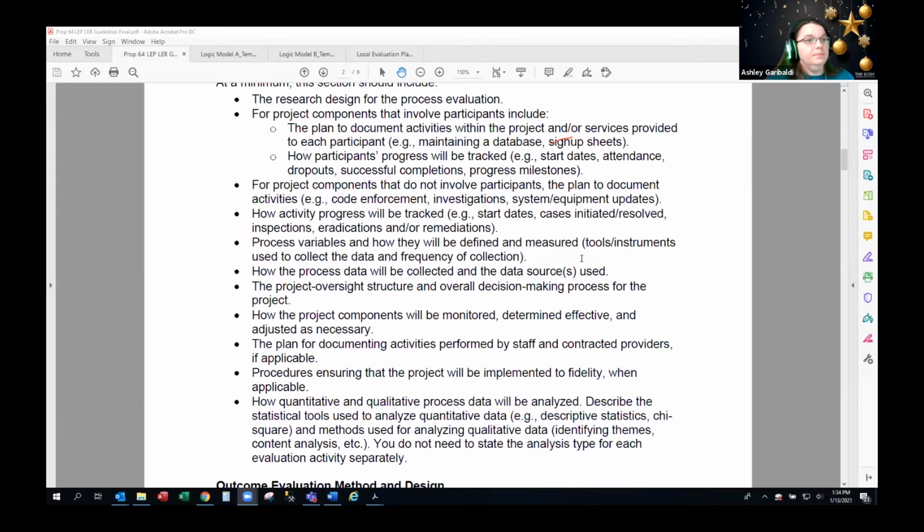Ashley? Yes. I don't mean to interrupt, but I have a question that says, do you mean that you would like to see the data templates, or is a narrative language appropriate, or do you want to see both? Definitely the narrative, but if you have the templates, please feel free to include them as an attachment, because it'd be interesting to see.